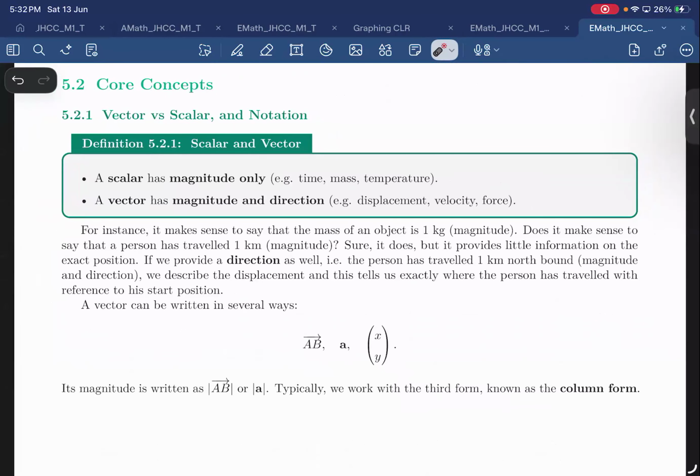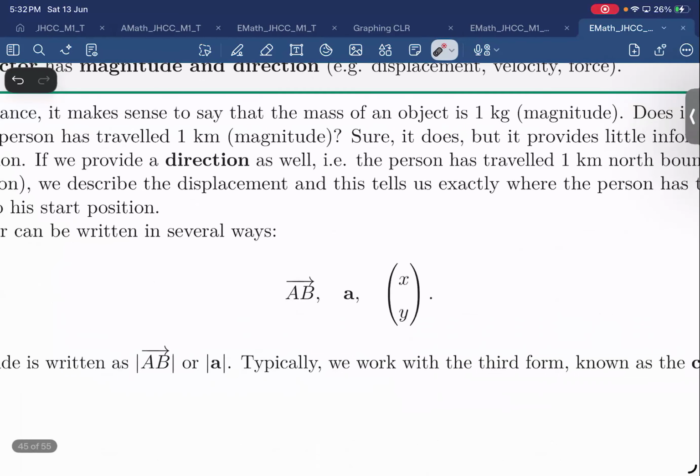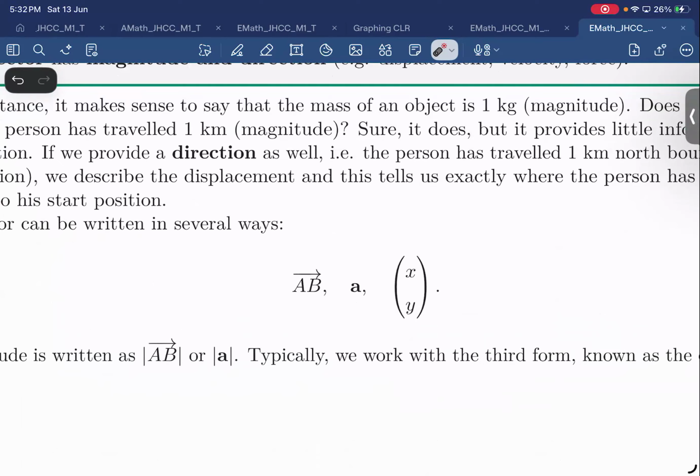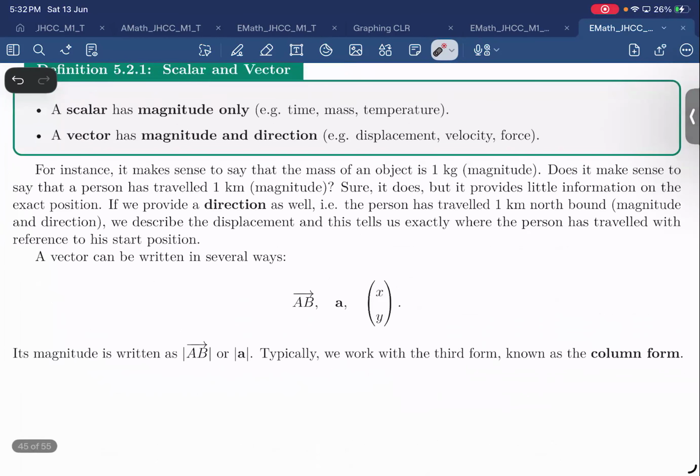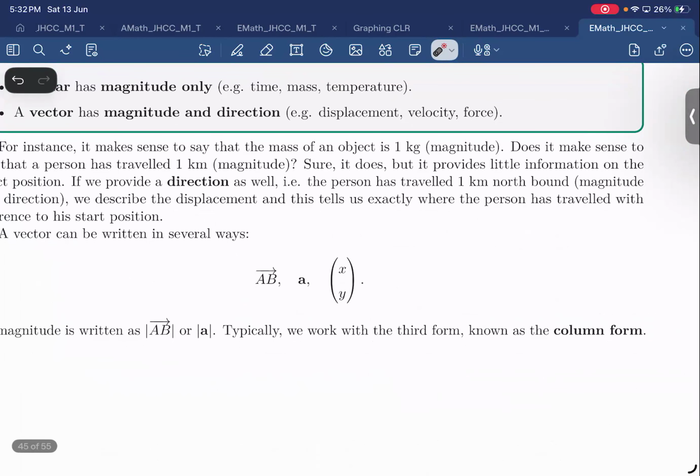It must have magnitude and direction. Now we introduce these 3 ways to write it: the arrow notation, the bold notation, and the column vector notation. The magnitude is simply whatever these notations are, then you put the 2 vertical lines outside. For EMath we usually work with the third one.